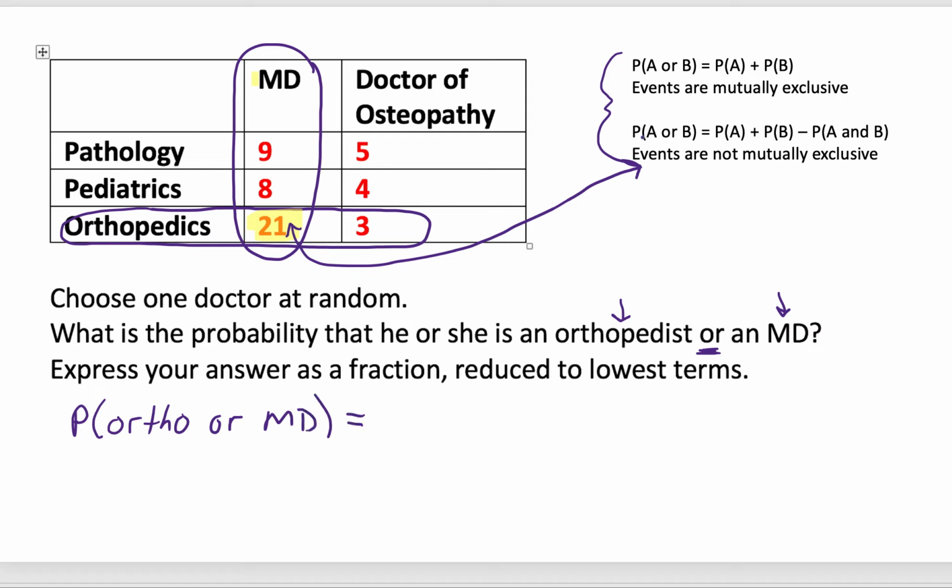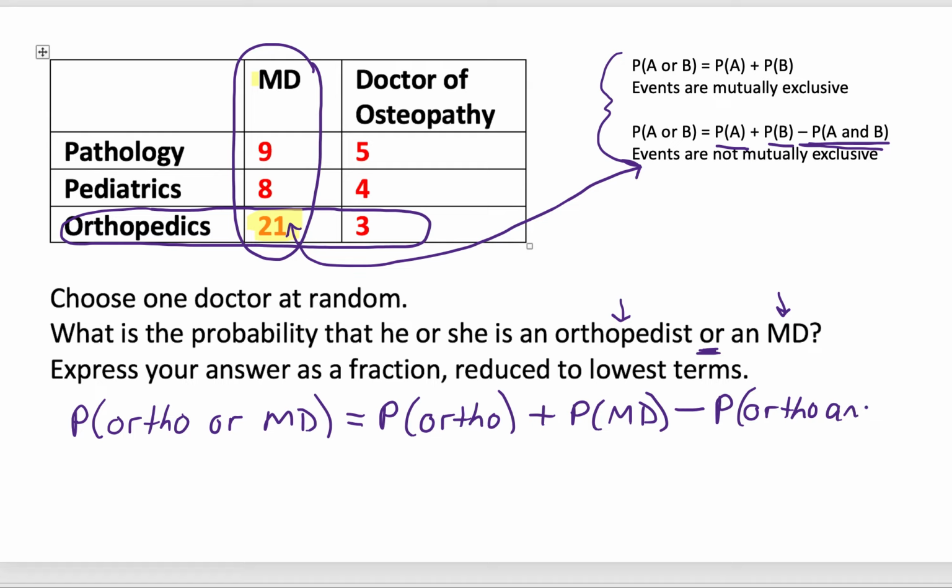My formula says, first I'm going to do them separately and put a plus in between. So that's going to be the probability of an orthopedist plus the probability of an MD. Then the formula says subtract off, and this is your overlap part, the probability of both things happening, and you put an "and" in between. So ortho and MD.